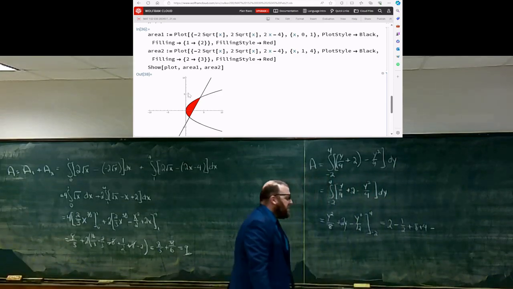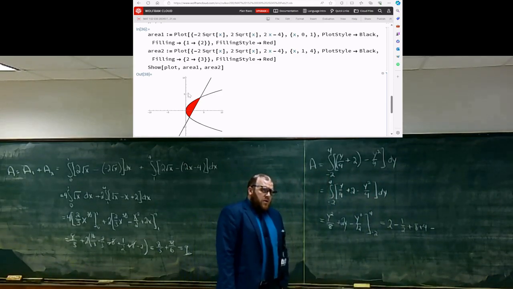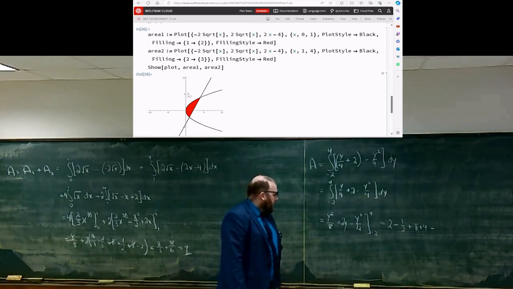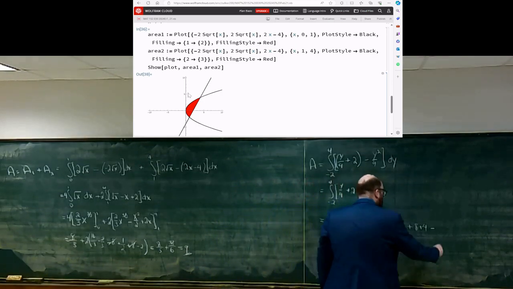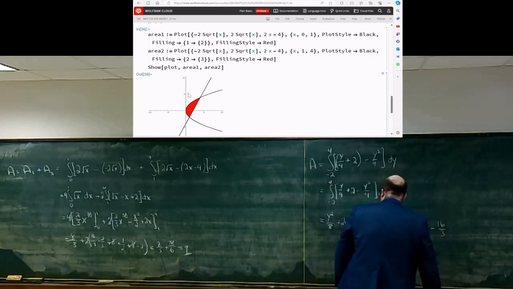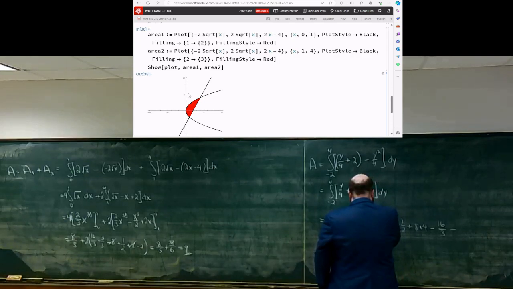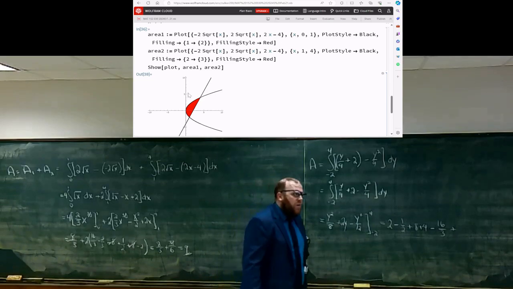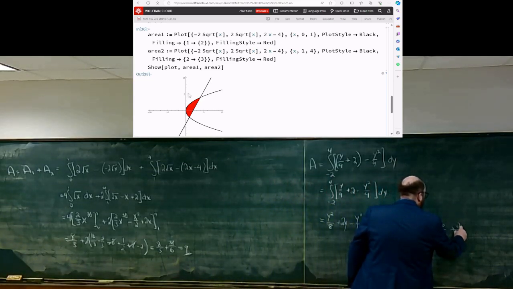Minus 4 cubed, 64 over 12, 16 over 3. That sounds right. Minus negative 2 cubed is negative 8. That's going to wind up being plus 8 over 12, 2/3.